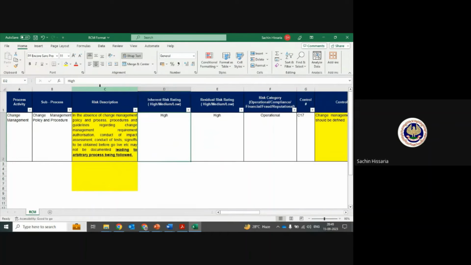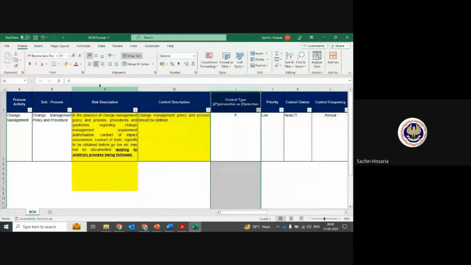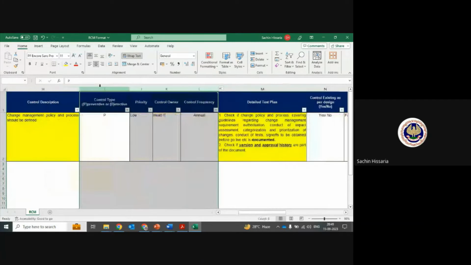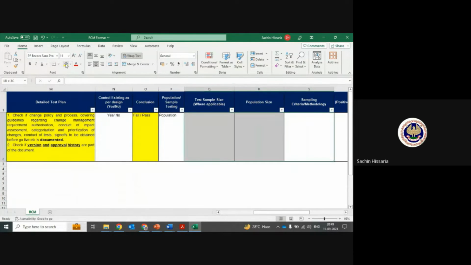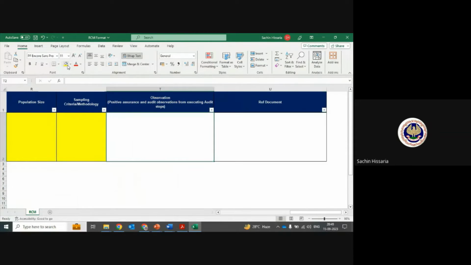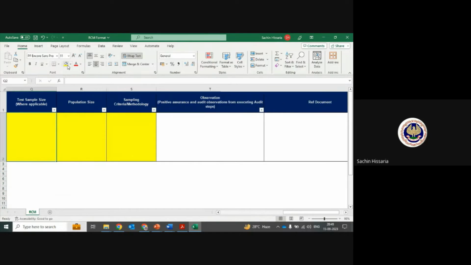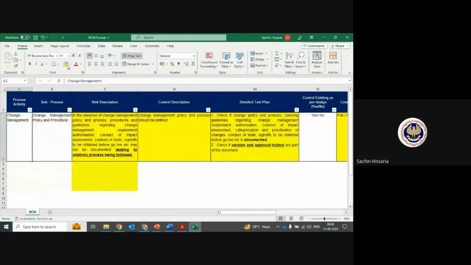While answering this question, you need to mention at least these components: RCM will include the risk, the standard control, the detailed test plan for the audit, the conclusion of that audit, your sampling methodologies, and the observation or positive assurance. So this many things minimum we need to answer in the RCM format.